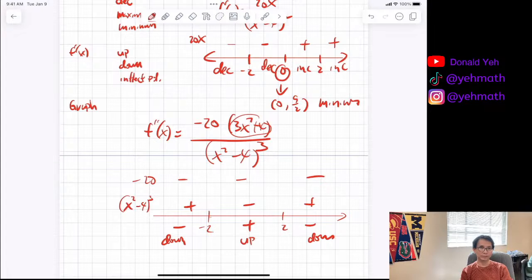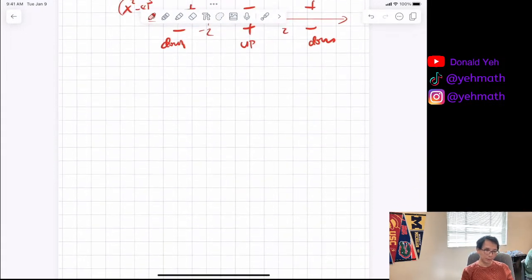So are -2 and 2 inflection points? The true answer is no, because -2 and 2 are asymptotes. So you always have to check the original function. Are they actually valid points? Because they're not in the domain, right?